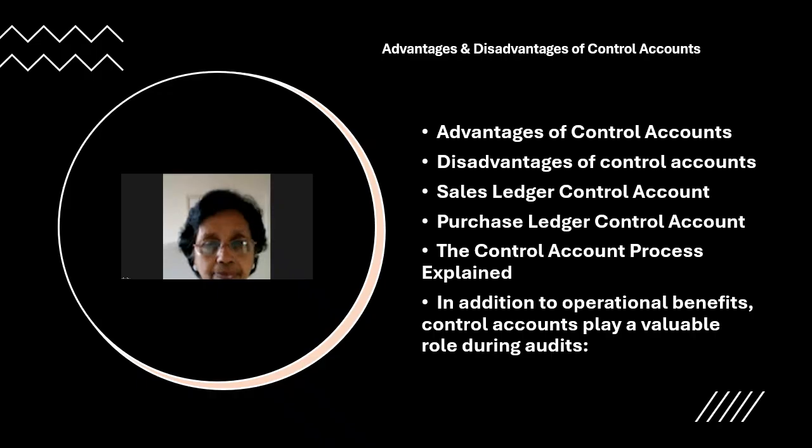Purchase ledger control account. Control accounts also apply to purchase ledgers. The total of supplier accounts must match the purchase ledger control account. To ensure accuracy, regular reconciliations between the control and subsidiary ledgers are required.